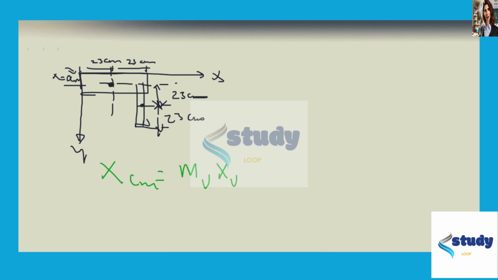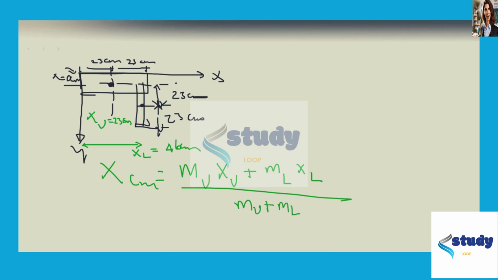Remember, the x distance of the upper leg, as you can see, happens to be 23 centimeters. And then plus mass of the lower leg times x distance of the lower leg. X distance of the lower leg is this entire distance right here, and that's going to be x lower, along the x, gives us 46 centimeters. And then we divide that by mass of upper leg plus mass of lower leg.